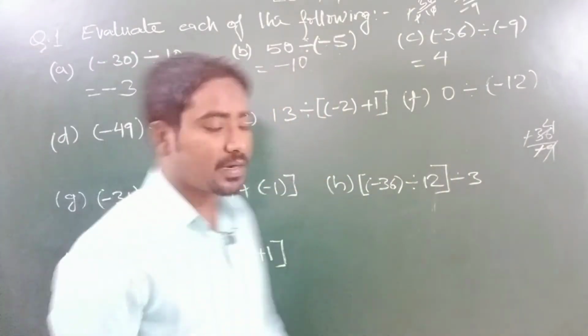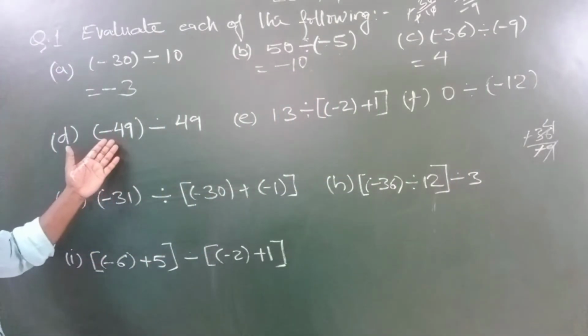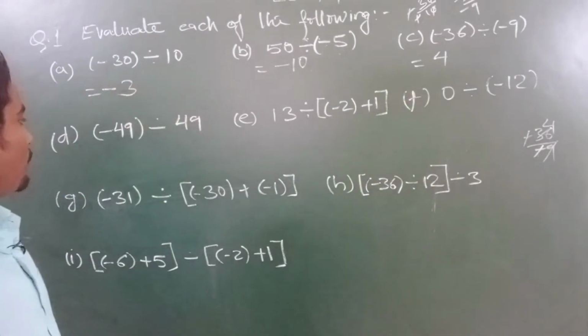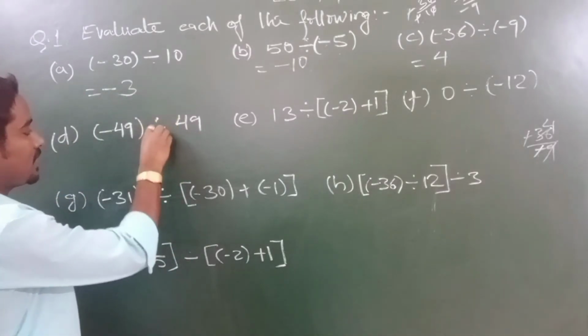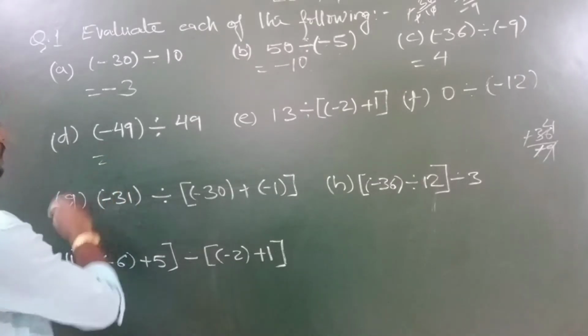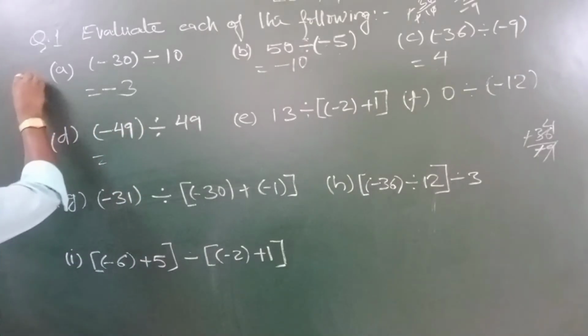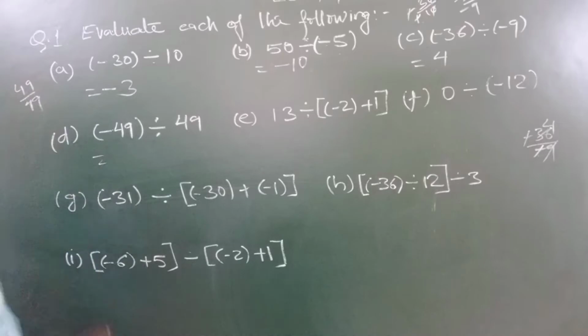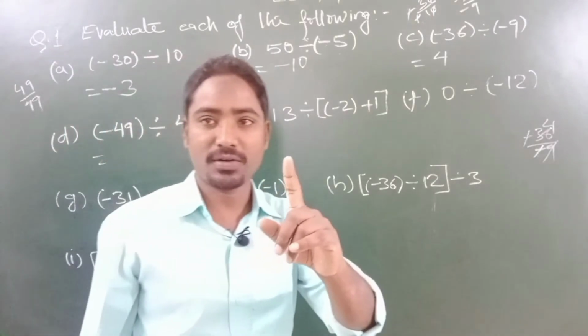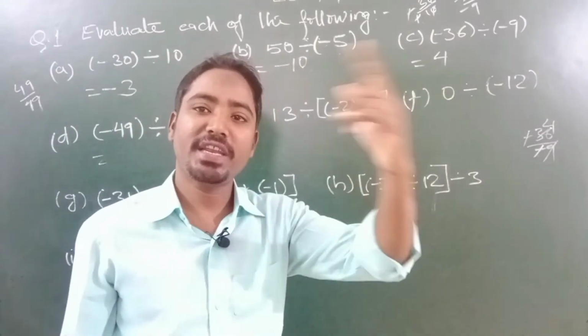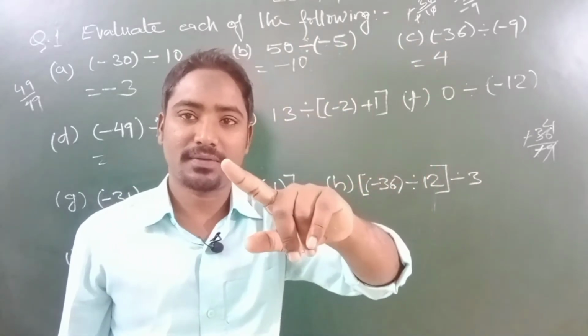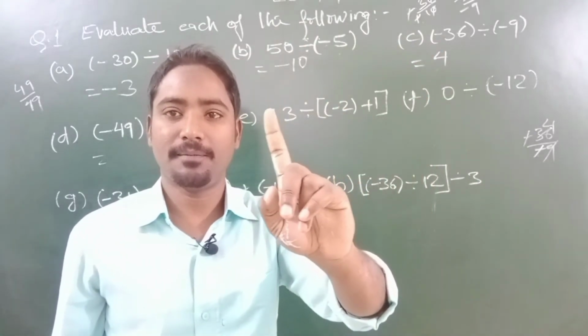Okay, similarly here we are having students -49 divided by 49. So divide 49 upon 49, you will get how much? 1. If you divide 49 upon 49, or any number is divided by itself, then the result is always 1.